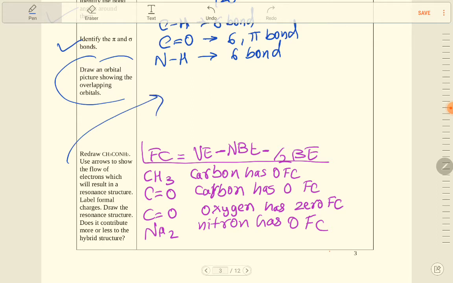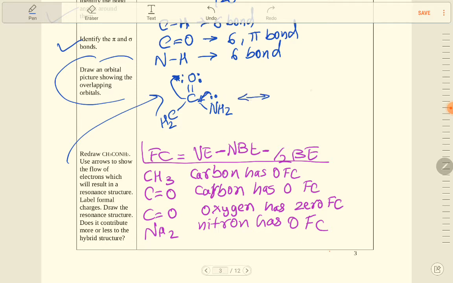Here I'm going to draw it for C double bond O, NH2, CH3, and it has 2 dots here. And remember, this nitrogen has a lone pair of electrons which is going to push toward the carbon, and the pi electrons are going to go to oxygen. So electrons are shifting, and due to that it forms resonance.